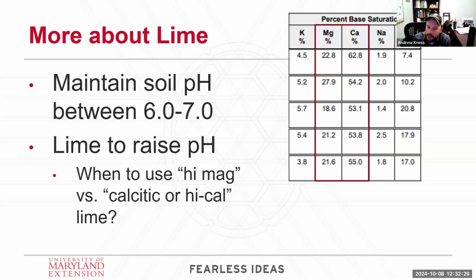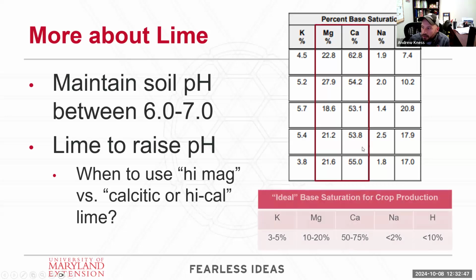And sometimes what happens is people use magnesium carbonate over and over and over again when they lime their fields, and then all of a sudden they might have way too high of magnesium in their soils versus calcium. So I urge people to look at their base saturations and try to be somewhere in these percentages or somewhere near them to make sure you're not getting out of balance.